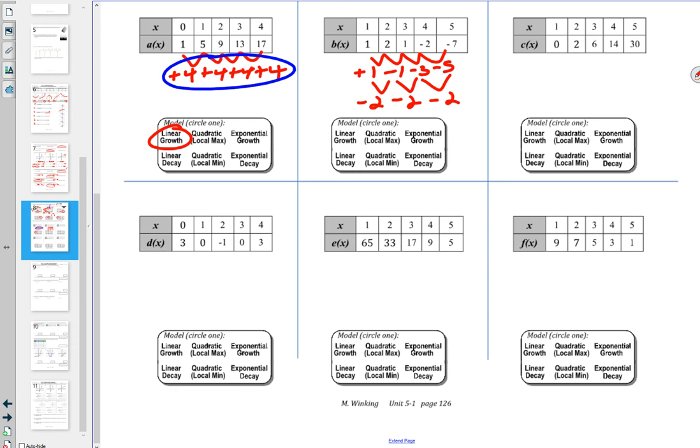So you see how we have a common second difference? The second difference is common. So that's what tells you that we have something that's quadratic. What's going to tell you whether it's a max or a min is what that common difference is. Because that common difference is negative, that means the parabola will be facing down. So is it going to have a max or a min?